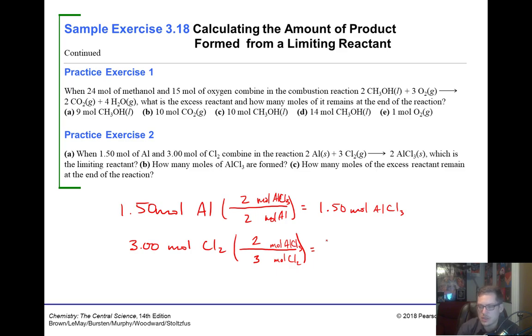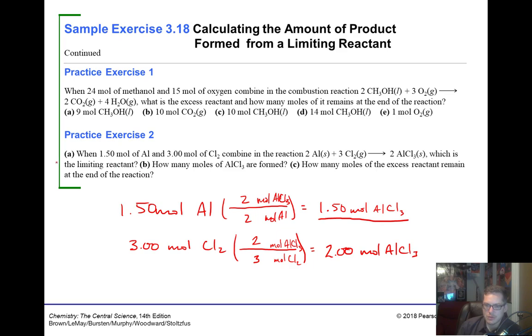So 2 divided by 3, times 3, gives me 2. I don't even know why I had to plug that in, that was silly. So we get 2.00 moles of AlCl3. Because the aluminum makes less, the aluminum has to be our limiting reactant.